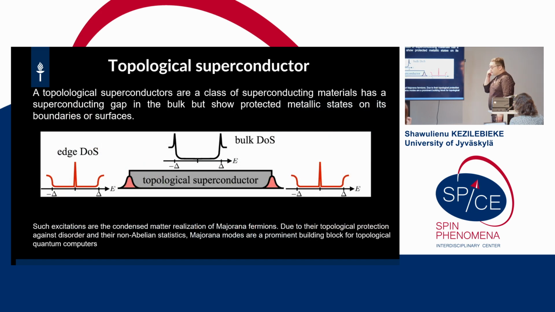But today I'm going to talk about something we produce using 2D materials, which are so-called topological superconductors. This is basically a class of materials that have a superconducting gap in the bulk, but have some metallic protected edge states at the boundaries. Of course, there are theoretical predictions that this material might host Majorana fermions.